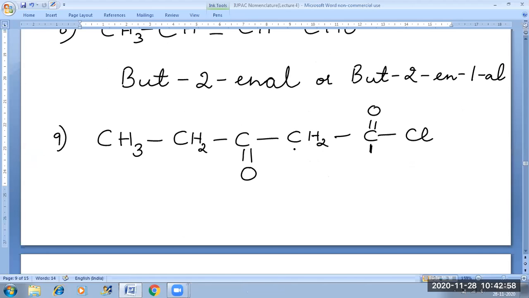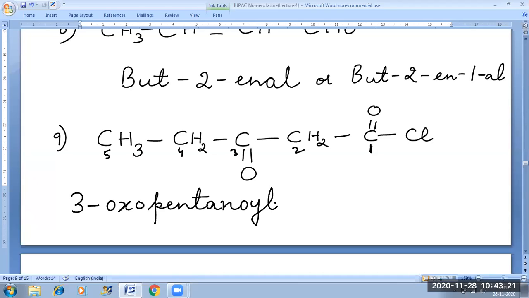So 1, 2, so 3 oxo. Why oxo? Because the prefix of ketone has been taken. Why? Because it does not have the priority, here the priority is of COCl. So pentanoyl chloride. This is the correct IUPAC name of the 9th example.